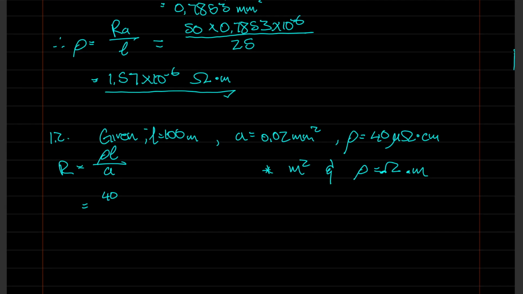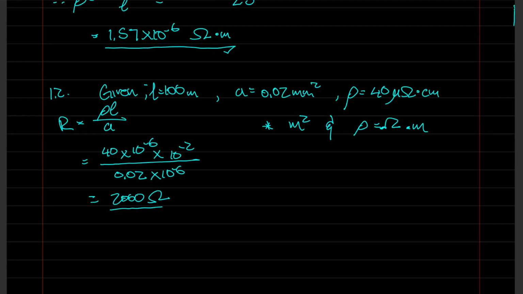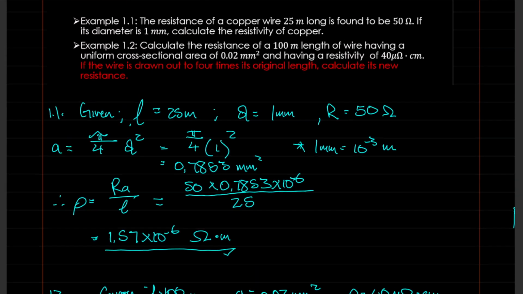So I'm going to multiply this 40 by 10 to the negative 6 since it is micro, and I'll multiply this centimeter by 10 to the power of negative 2, 0.02, and then the area would be 10 to the negative 6, and the answer would be 2000 ohms. That was also a pretty straightforward example.